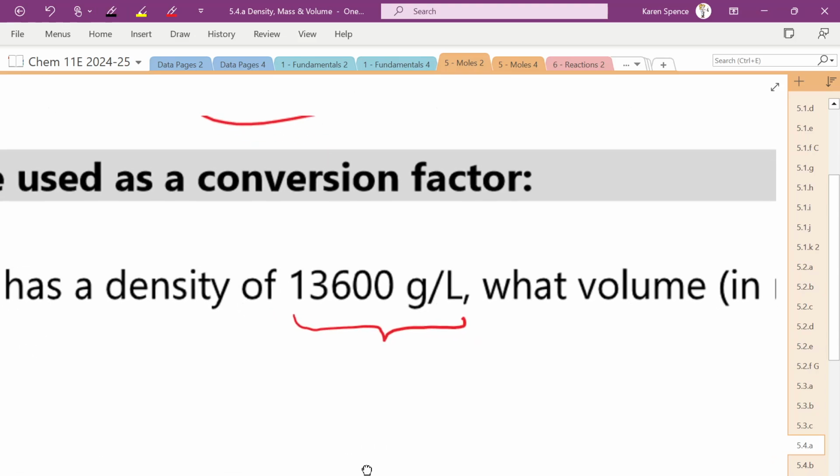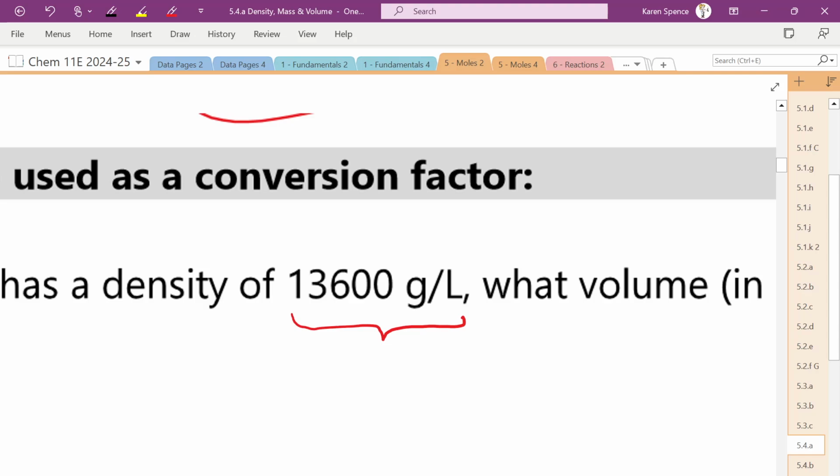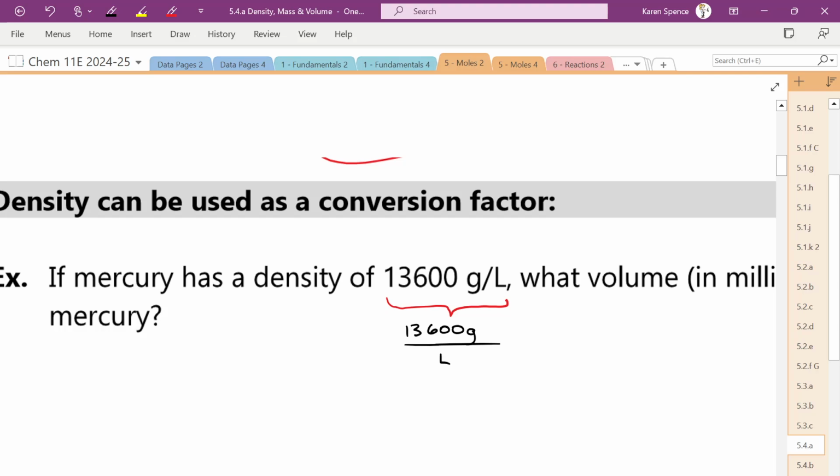Tell your partner. You'll just rewrite it so one's on top of the other. You don't have to do it before you do the question, but in the question, you don't want to be writing it as grams per liter like that, because then it becomes hard to see what's on the top and what's on the bottom.